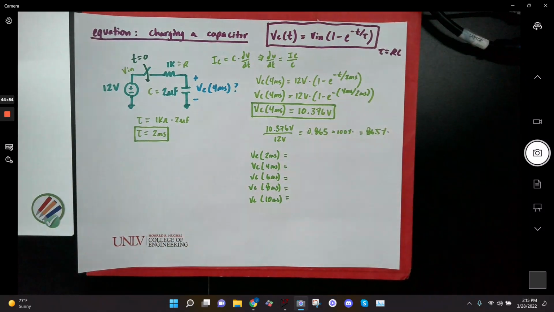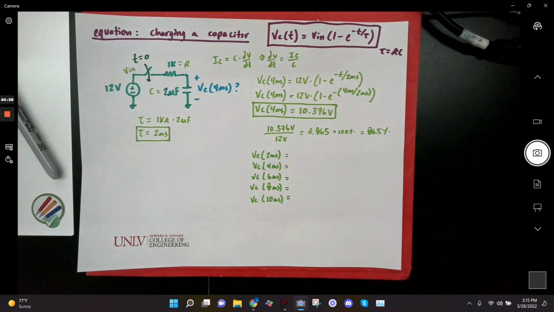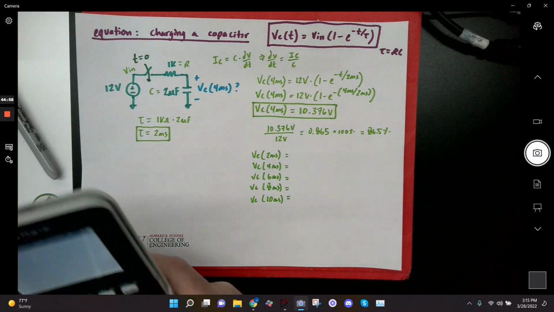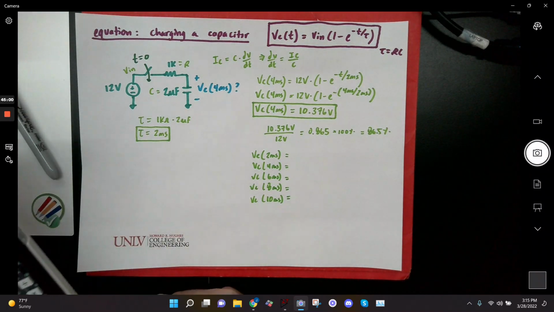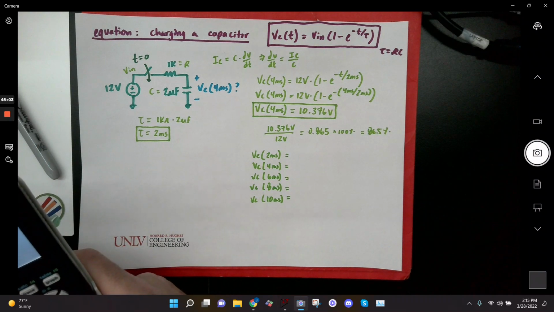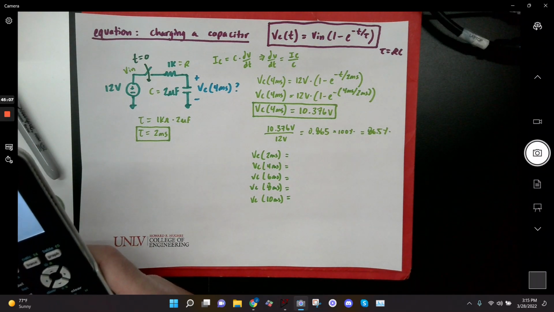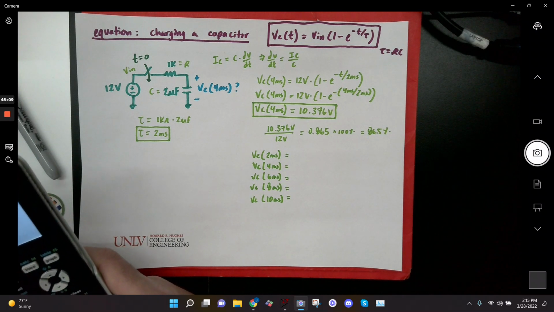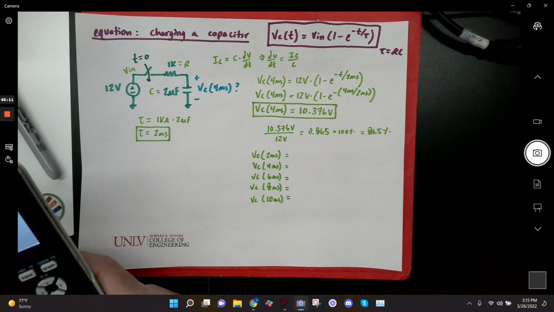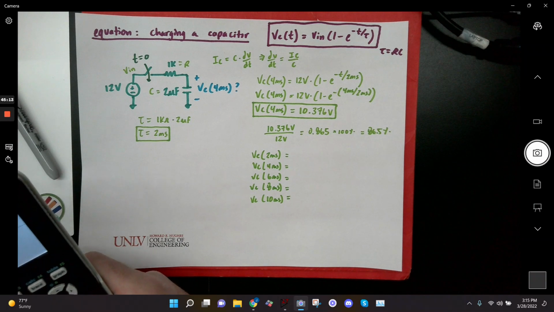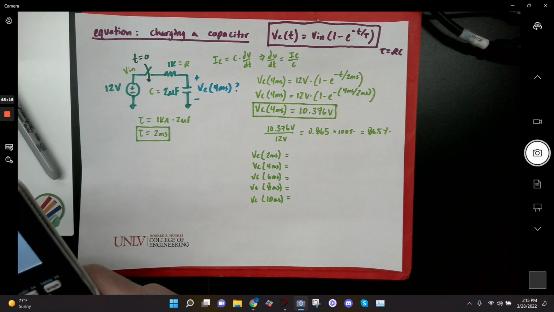How many of you guys have a TI-84? All right. Well, TI-84s are great because you can put the whole function in, and then you don't even have to think twice about it. 1 minus e to the minus x over tau.